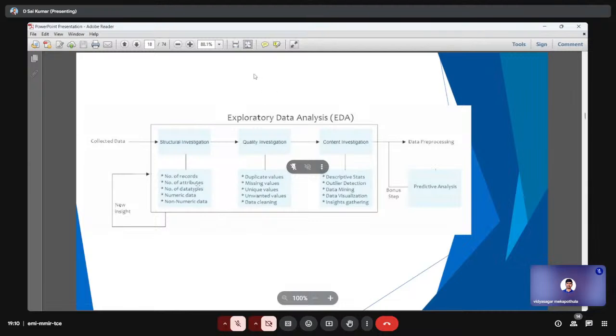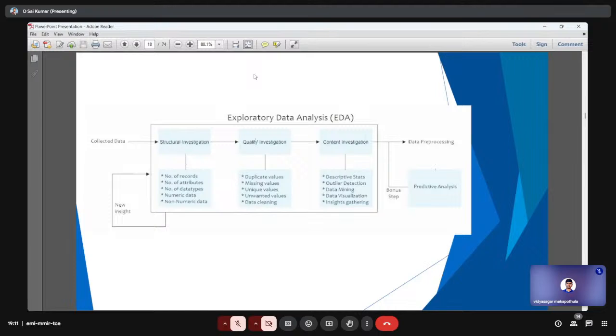Just now I mentioned, that is descriptive analysis, where it describes the complete structure of the data, like the number of records and the number of attributes. And what type of data, like data types, whether it is numerical data or categorical data. That is all addressed during this structural investigation.